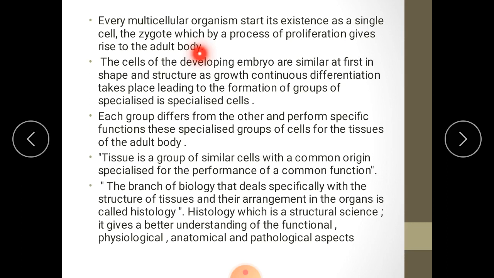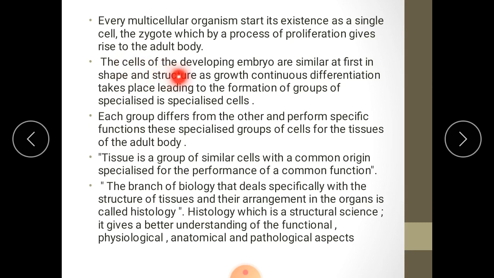These are multicellular animals, and their body starts from a single cell, that is the zygote. This zygote is formed by the fusion of male and female gametes. This zygote undergoes cleavage, a series of mitotic divisions, to give rise to a multicellular organism.